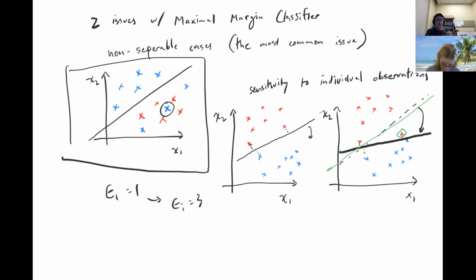Okay, and so the C is going to tell you how many violations you're allowed to have. So if, for example, I were to adjust it so that C equals 3, here, let me draw it.